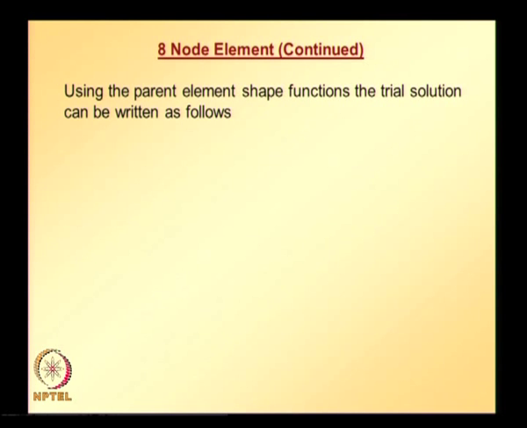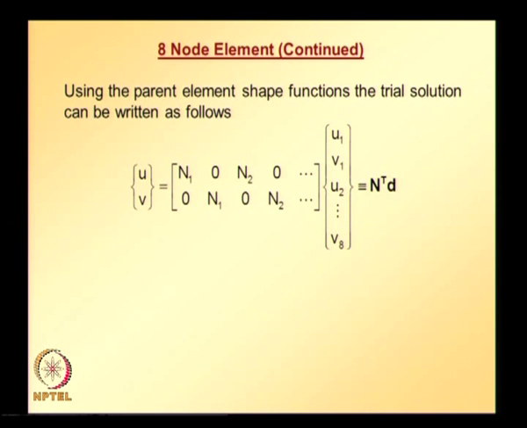Using the parent element shape functions, the trial solution can be written as follows. The displacement component in the x direction can be obtained using all the 8 node shape functions and the corresponding nodal values at the 8 nodes.